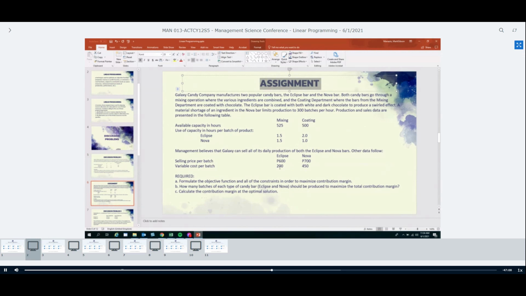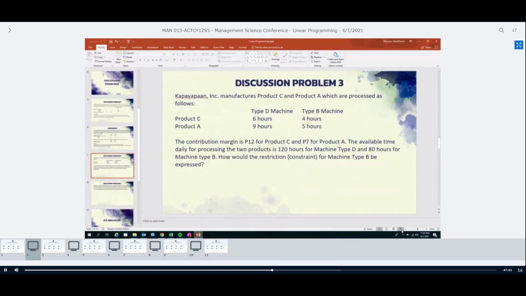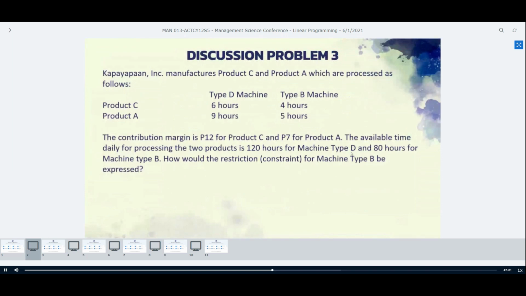No? So let's now go to discussion problem number 3. The requirement is how would the restriction, so another term for constraints, no, for machine type B be expressed. So ito na class, no, this is one of the CPA board, previous CPA board exam question.